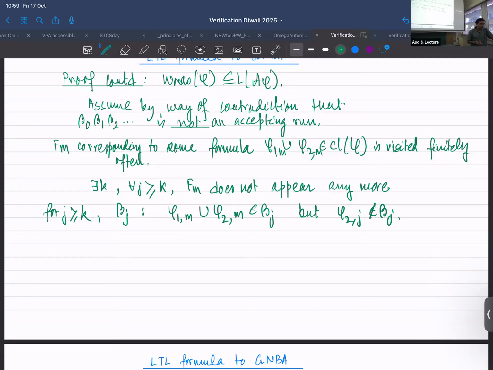Right? Because I'm saying that these states are not good. I have stopped seeing the good states at some point. These states are no longer good. So all the states I'm seeing are not good. This is what I have. Clear?